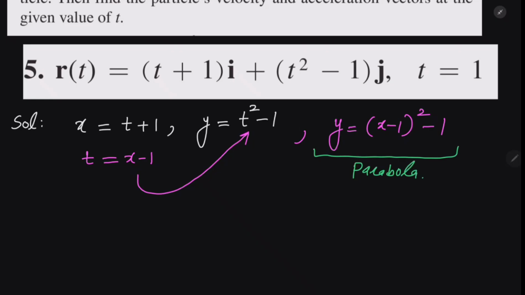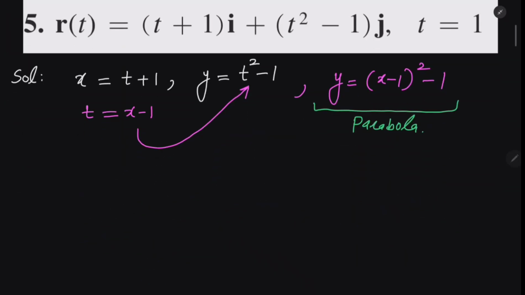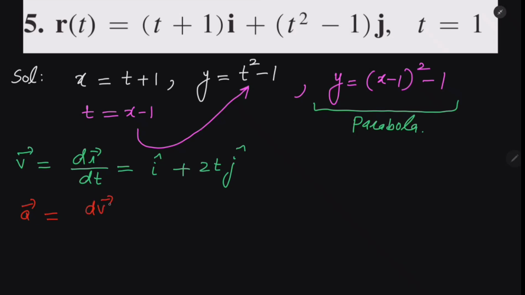Okay. Now the next thing that we want to show is to find the velocity and acceleration vector. That is a bit easier. For velocity, we can easily find it by taking the derivative of the position vector: i plus 2t j, and for acceleration, we take the derivative of the velocity vector.